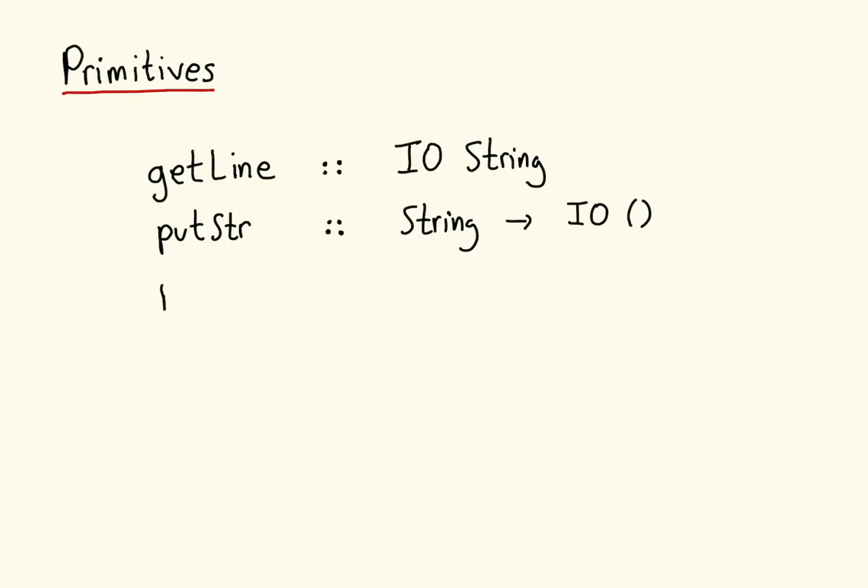And then finally, we sometimes need another little primitive, which again is built into the standard library. It's called putStrLn, and it takes a string as an input, and it's simply going to print it on the screen. But this time around, the ln part on the end of its name tells us that we're going to take a new line as well. So it's simply going to emit a return character to move on to a new line.